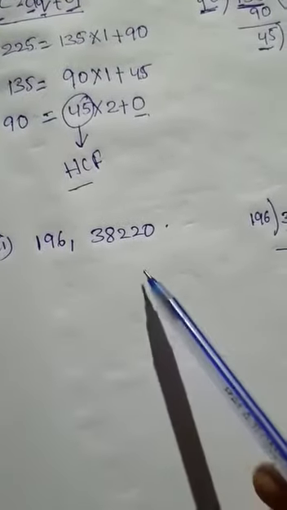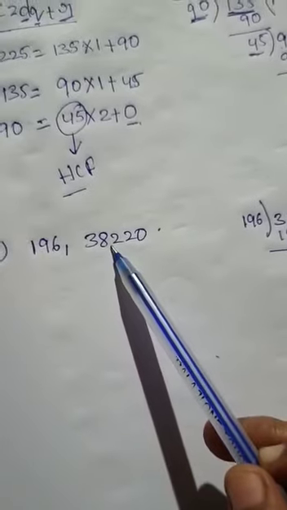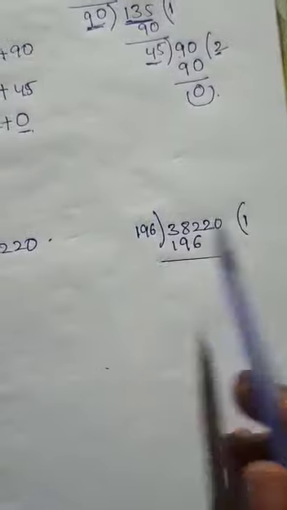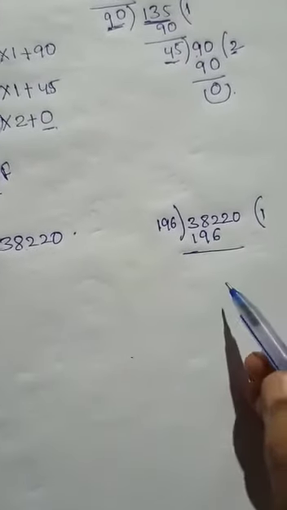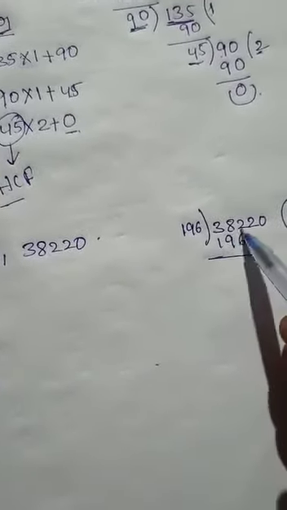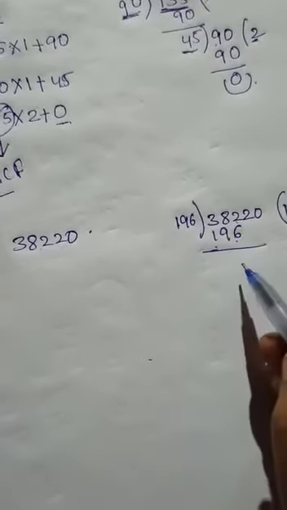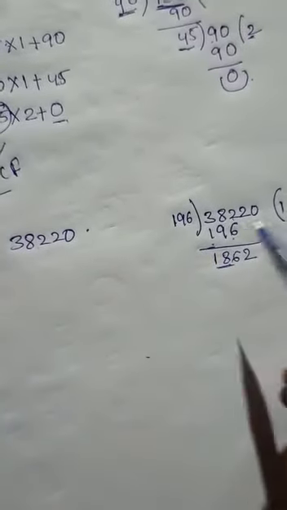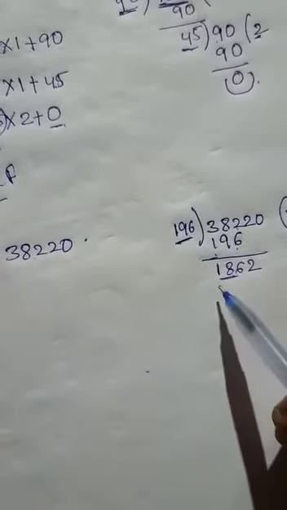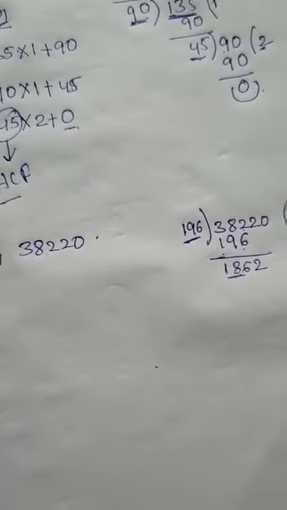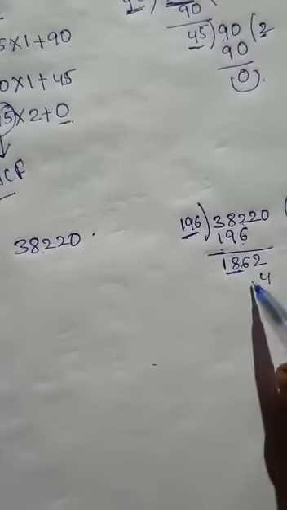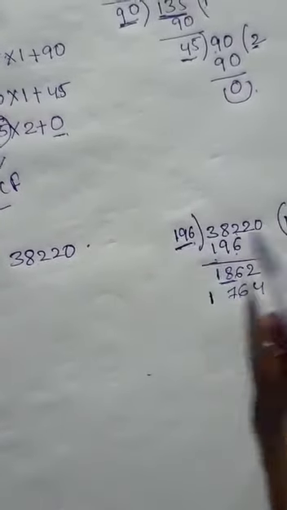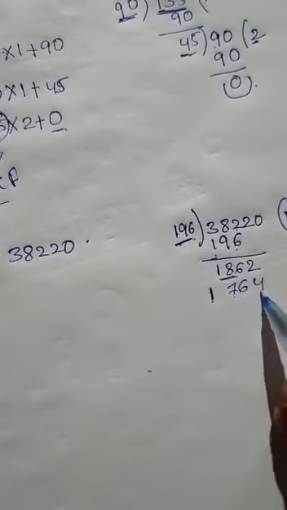So 38220 is divided with 196. 196 one time, remaining 382 minus 196, we get 186. 2 is brought down, so 196 nine times, we get 1764.